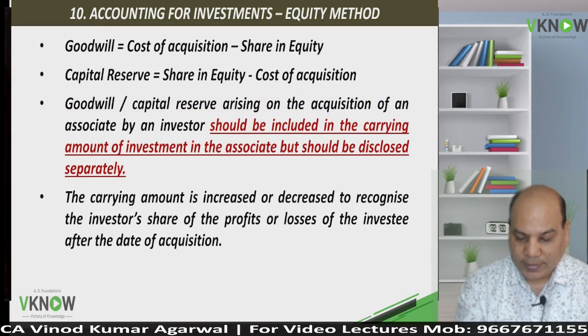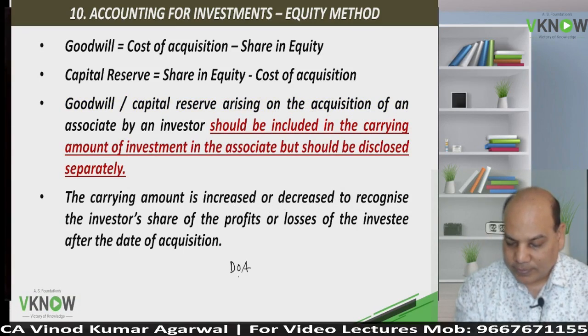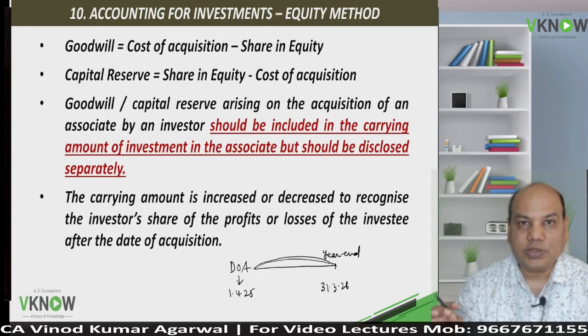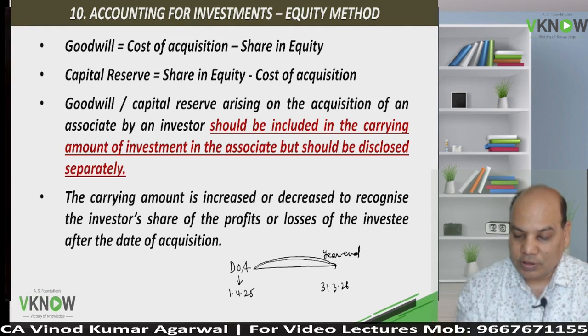Now subsequently, after the date of acquisition, suppose date of acquisition is 1/4/2005 and then year ending date 31st March 2006. In this post acquisition period, first check how much profit or loss the associate has earned or incurred.